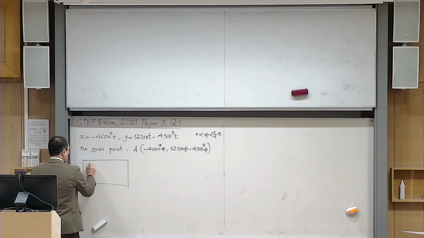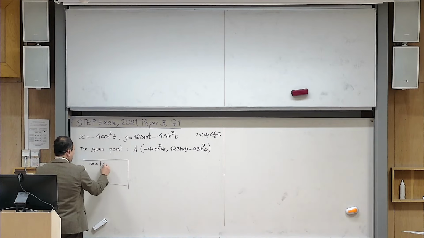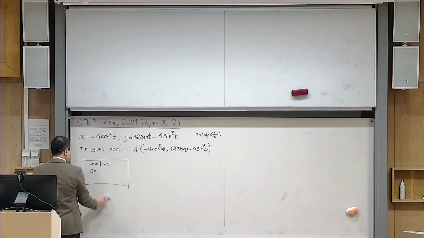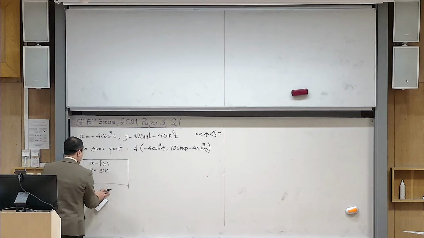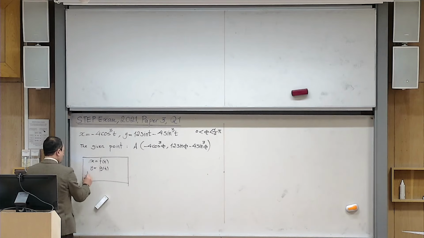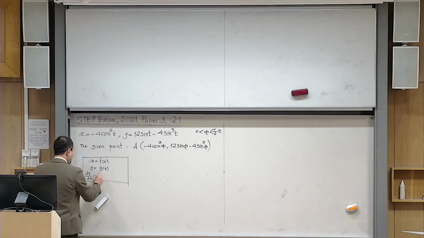So if x is a function of t, and y is also a function of t, let us say g of t. So in principle, y is also a function of x. And if I want to calculate the derivative of y with respect to x, what can I do?